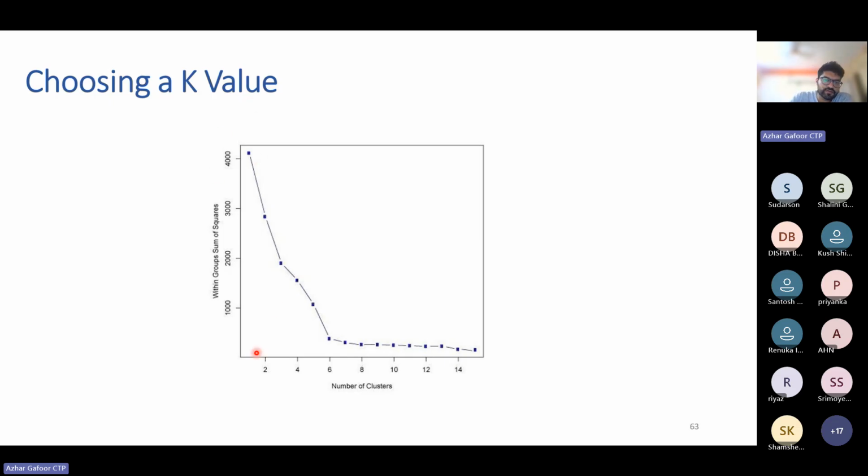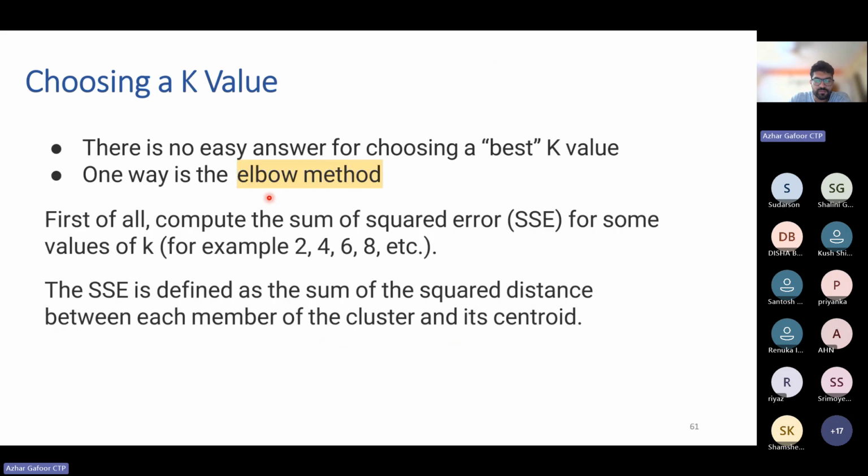So if you have only one centroid, the sum of squares will be higher. Then if we increase the number of centroids, the SSC will come down. And at one point, if you see, this actually looks like our elbow, our hand. So that is why it is called the elbow effect or elbow method.